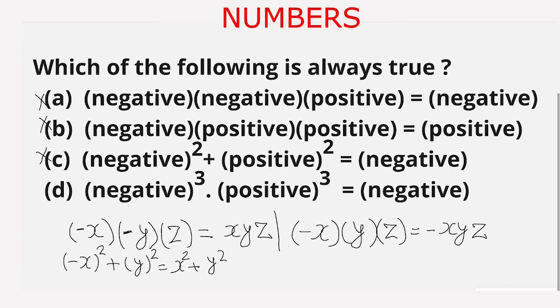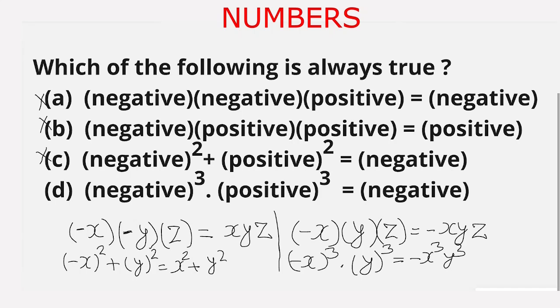Negative cube multiplied by positive cube equal to negative. So this is minus x cube multiplied by y cube, equal to minus x whole cube, which is minus x cube, into y cube, and this comes out to be a negative quantity.